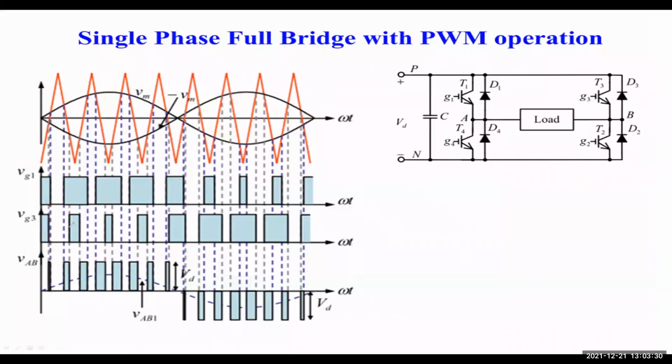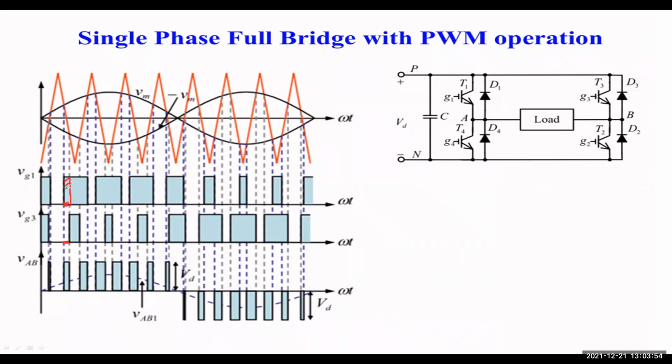Here VG1 is present, but there is no VG3 signal, that's why we will get this signal.